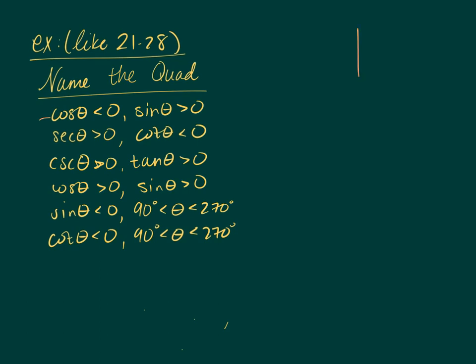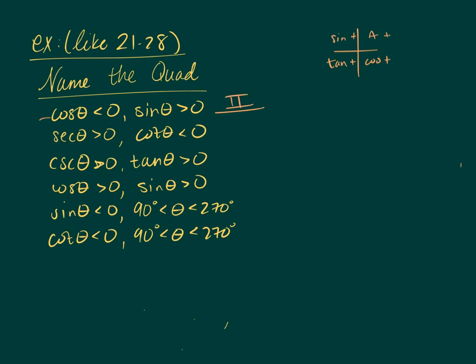So we know that sine is positive here, cosine is positive here, all of them are positive here, and tangent is positive in quadrant 3. So where is sine greater than 0 but cosine less than 0? Well, if sine is positive in quadrant 2 here, but nothing else is, that means cosine has to be negative here. So quadrant 2 is the answer to the first one.